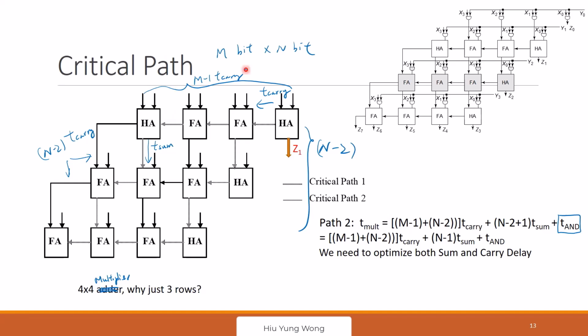Okay, and that's why if you do n minus 1 plus n minus 2, then you have this amount of t carry. Any questions?